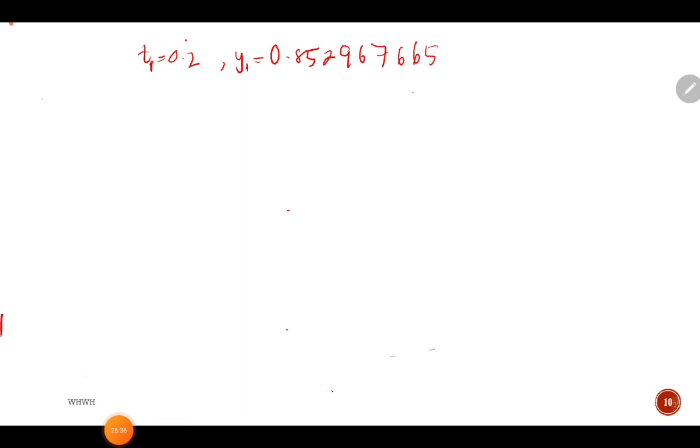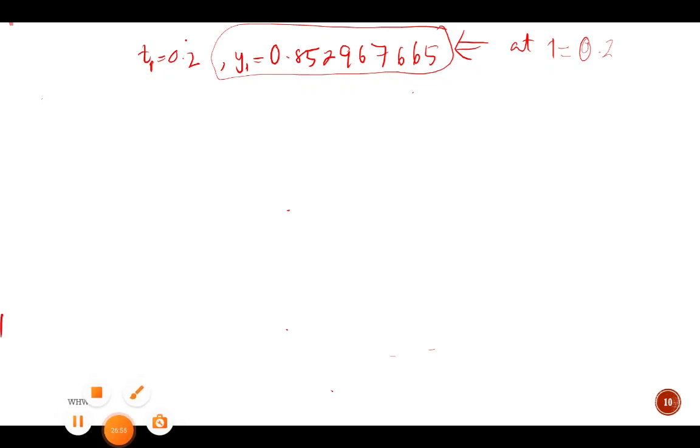Okay, maknanya yang ni, the value that we have here is the value for at T equals to 0.2. So now, untuk kita cari next, okay, untuk T equals to 0.3, okay, apa yang kita perlu adalah kita perlu cari value of F2. Okay, what is F2?